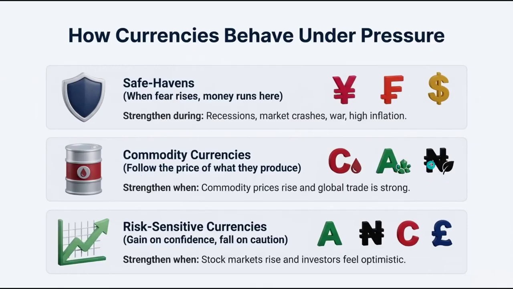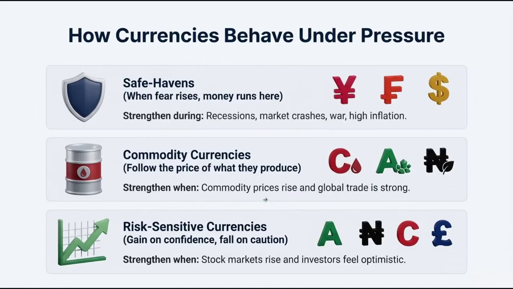Then we have NZD, where the leaf is the symbol for NZD. You're going to have a lot of resources coming from there, like grains, wheat, stuff like that. When commodity prices rise and global trade is stronger, that's when you're going to see these currencies being very strong.